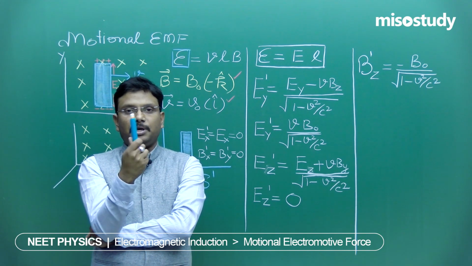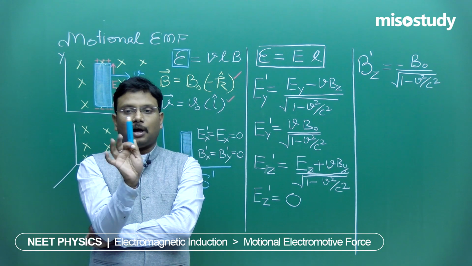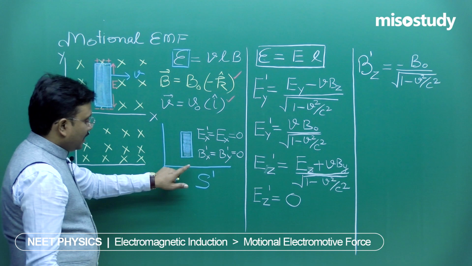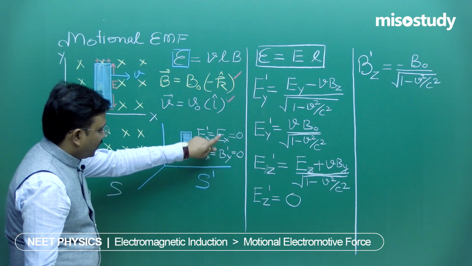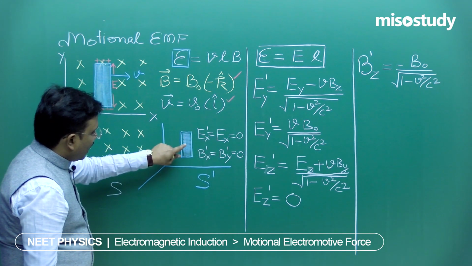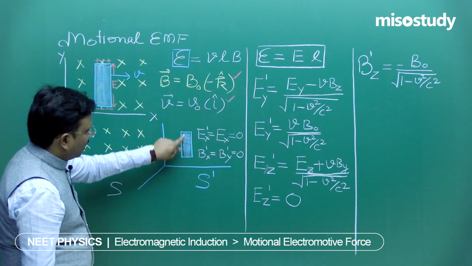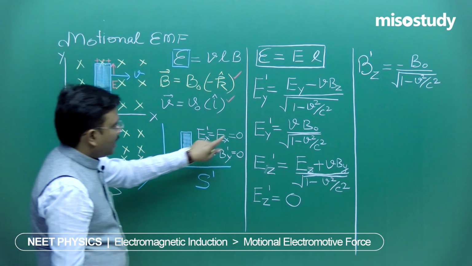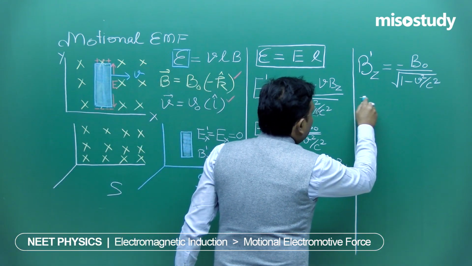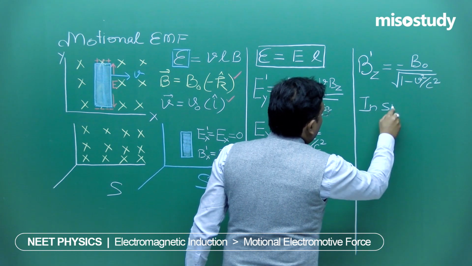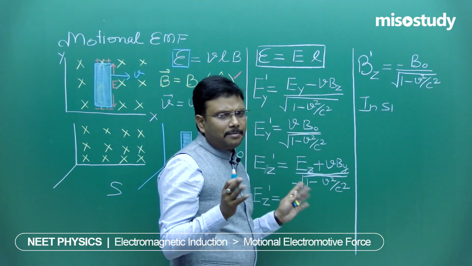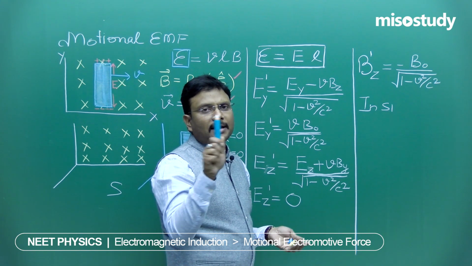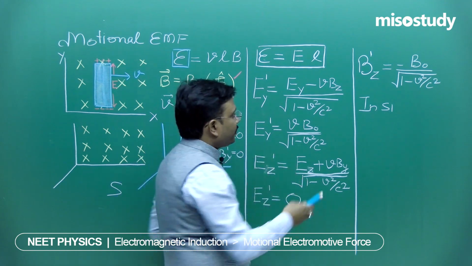So with reference to me, the driver of the car, this rod is not moving. So magnetic field values are the same everywhere. Fine. And inside the conductor, let me write down the values of Ex, Ey and Ez. Because the rod, the conductor, is stable, the magnetic field is everywhere the same.